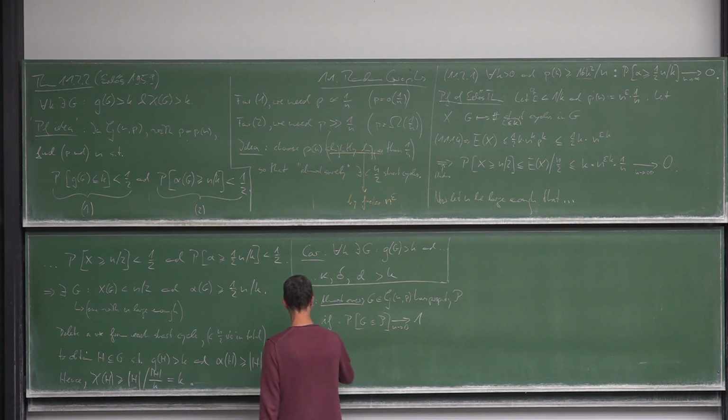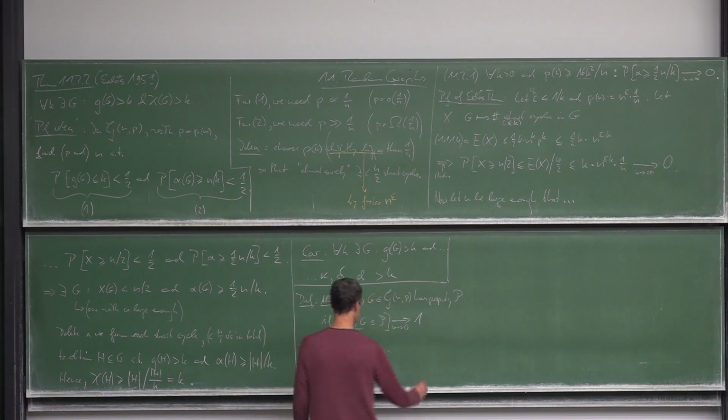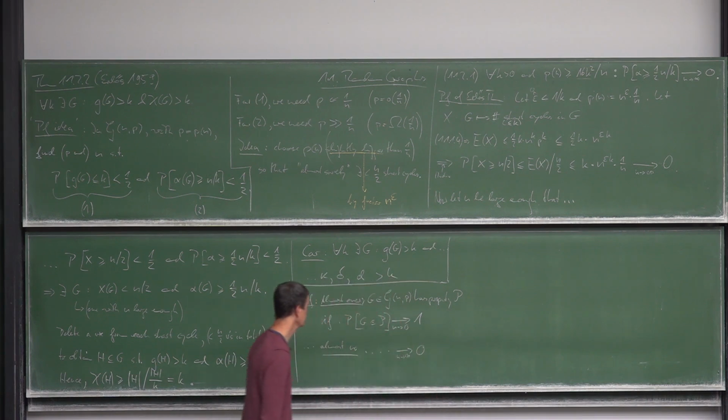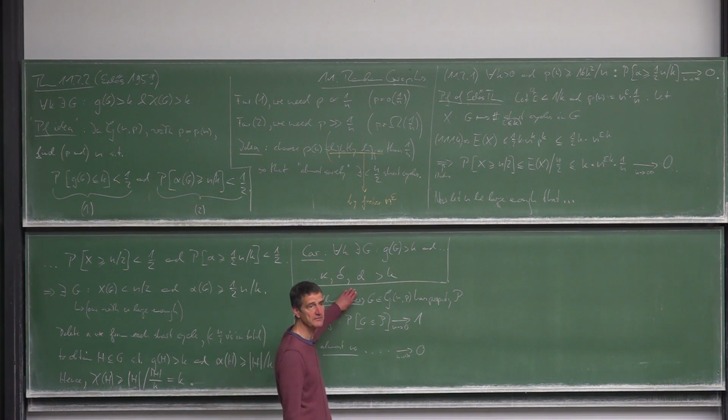And almost no G in G(n,p) has property P if this goes to 0. Right, now, this is not the almost every that you might know from measure theory.